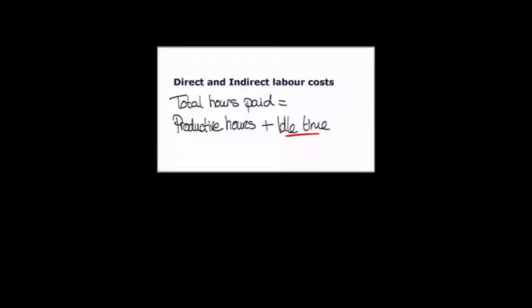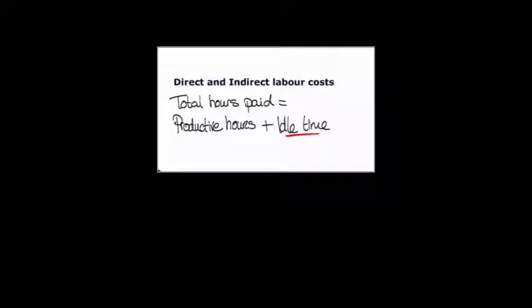Now, idle time are the hours where our production line workers, for some reason, are unable to be producing units. So perhaps because of machine breakdown, they have to wait until an engineer arrives to fix the machinery, and they are not productive during that time.